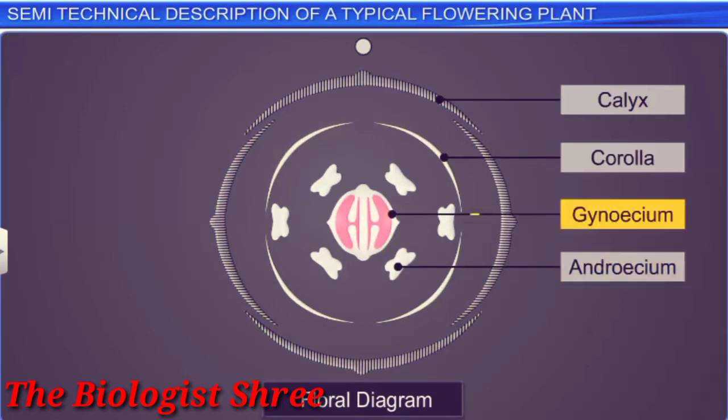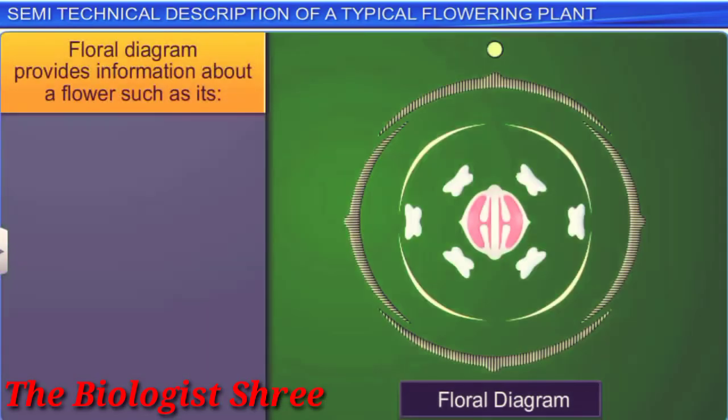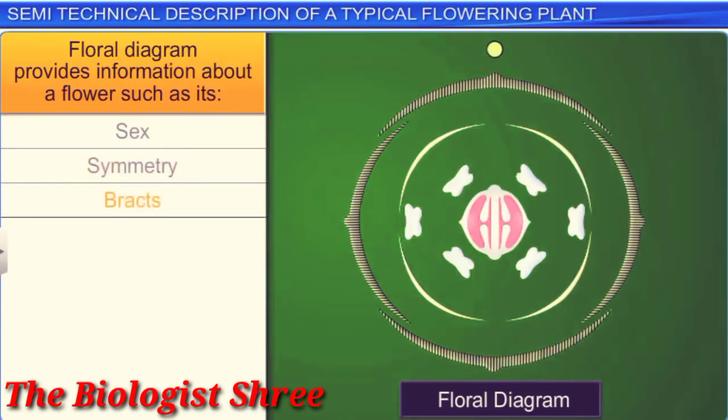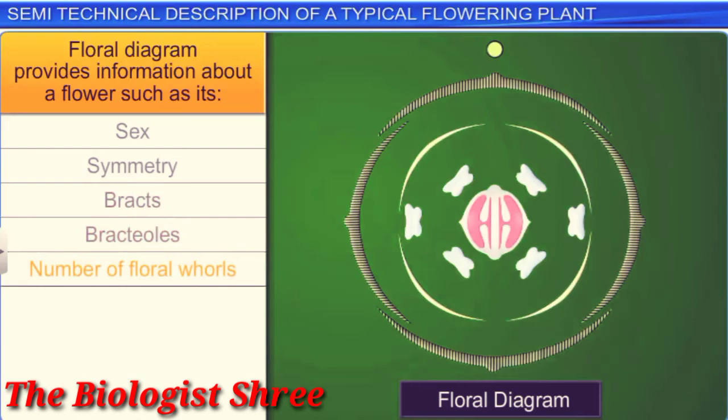The floral diagram presents information about a flower such as its sex, symmetry, bracts, bracteoles, the number of floral whorls, the calyx, corolla, androecium, and gynoecium.